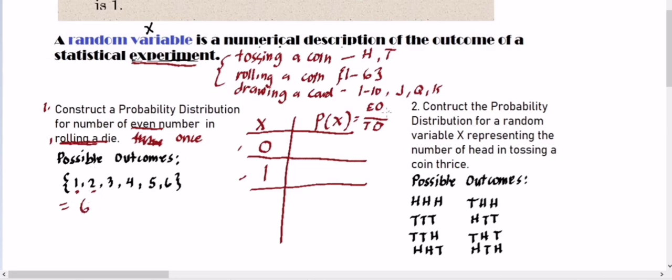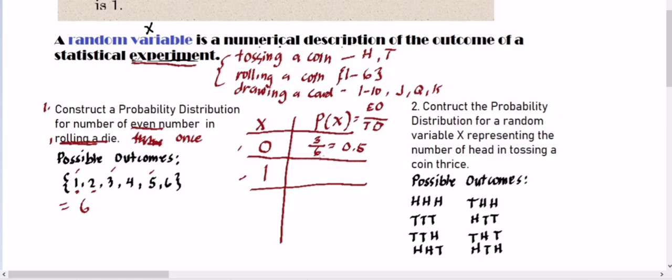Yung expected outcome, dito natin ibibase sa random variable x. So, yan ay 0. So, bilangin natin sino dyan yung mga walang even number. So, ito, of course, yung mga odd numbers yun. So, meron tayong 1, 3, and 5. So, meron tayong 3, yung expected outcome, over, yung total outcomes natin ay 6. Divide lang natin yan, that would become 0.5.